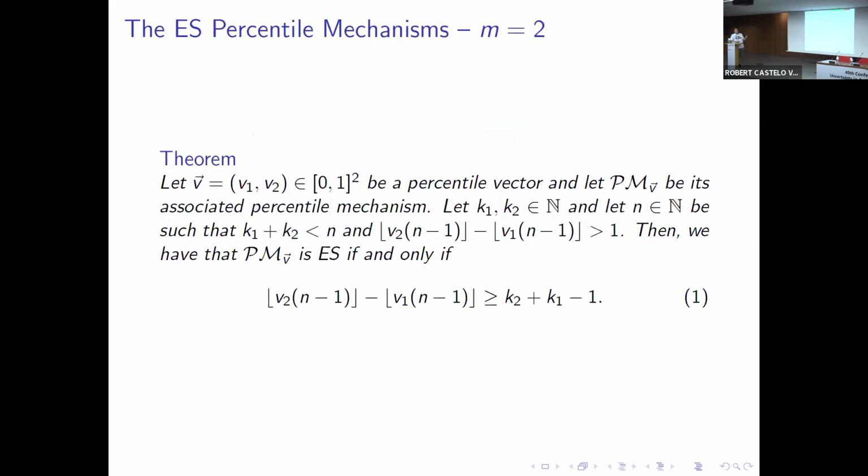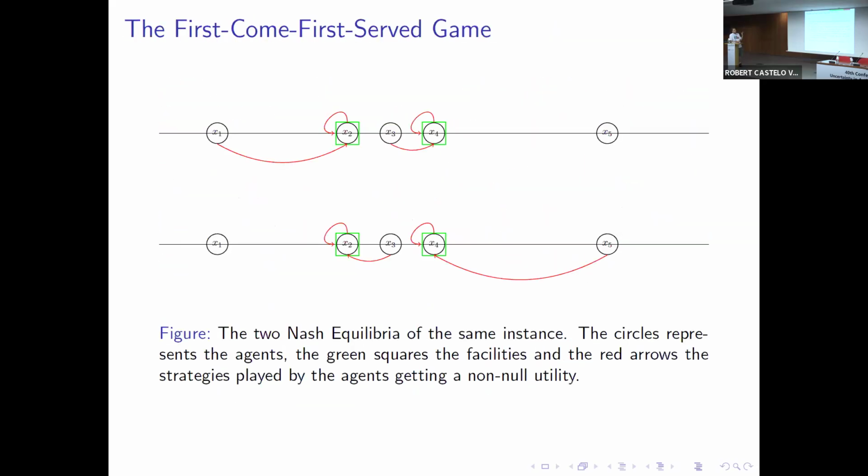Unfortunately, this is not true for the case m equal to 2. This is no longer true for equilibrium stability. So if you want the percentile mechanism to be equilibrium stable, you need to enforce this condition over the percentile vector, which is basically the vector that induces the mechanism. And this means basically that between the two positions of the facilities, you need to have enough agents so that you don't get this scenario that we saw before.